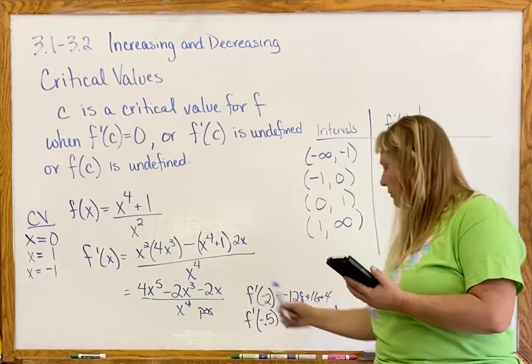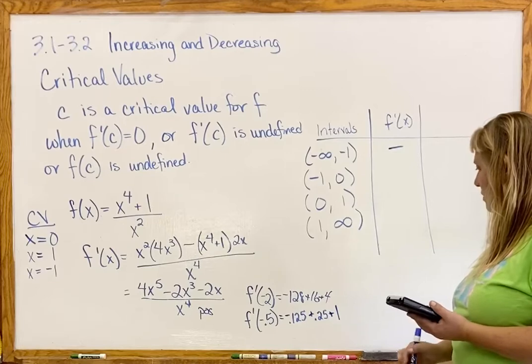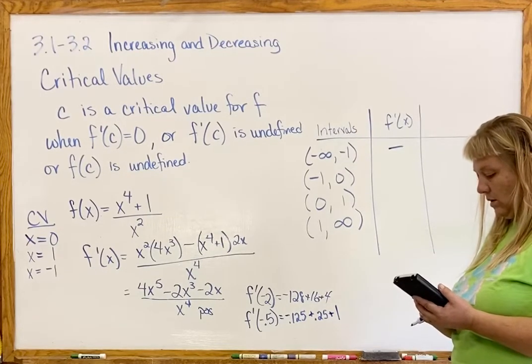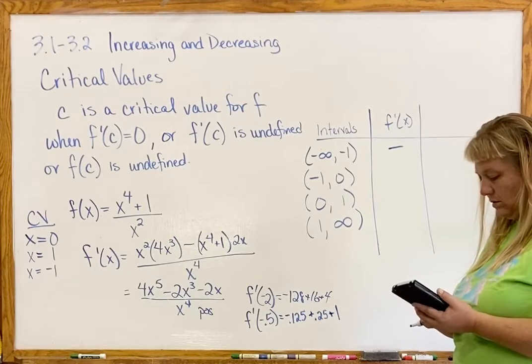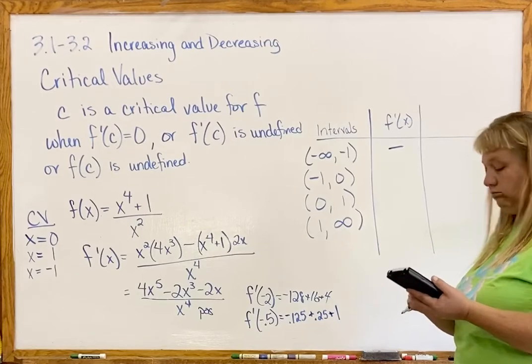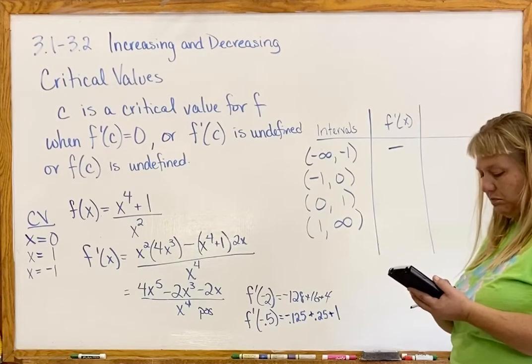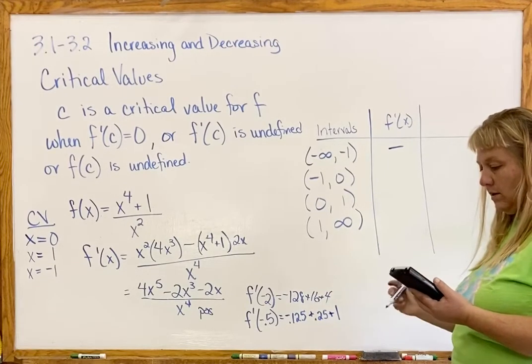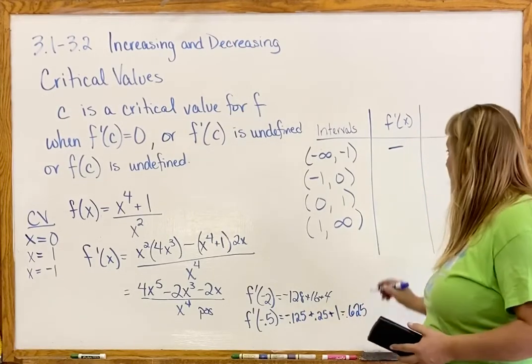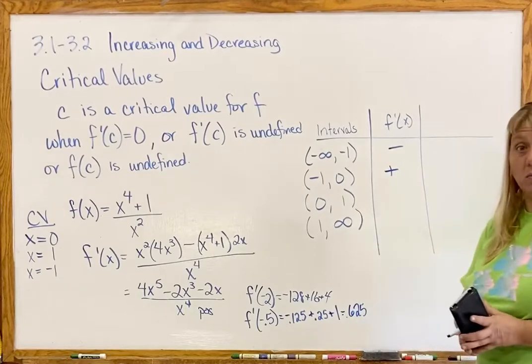Put in a 1/2 there, and that'll be +1. Okay, so what actually happens here is we end up with, oops, I guess we don't really need to calculate it out, but might as well. We end up with +0.625, which again, all we really care about is that it was positive.